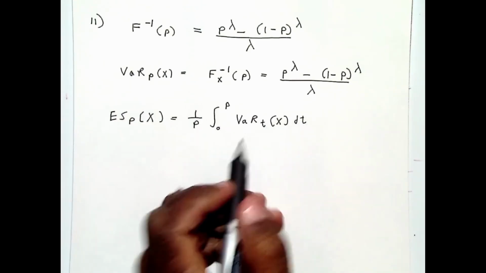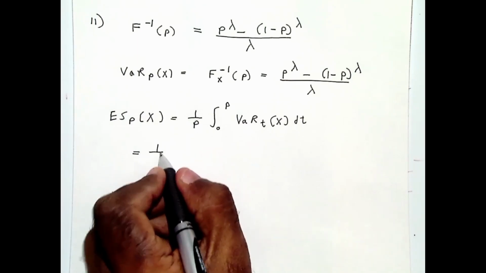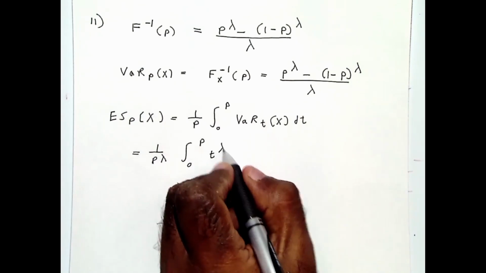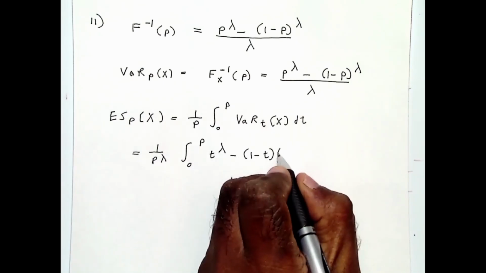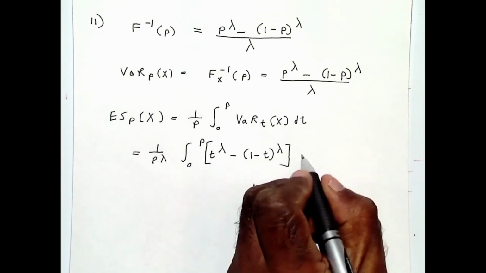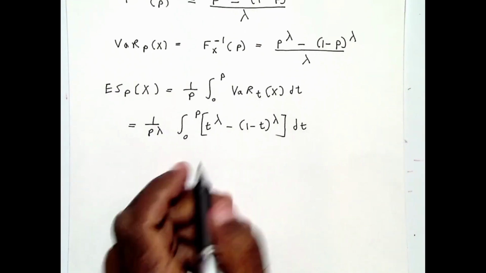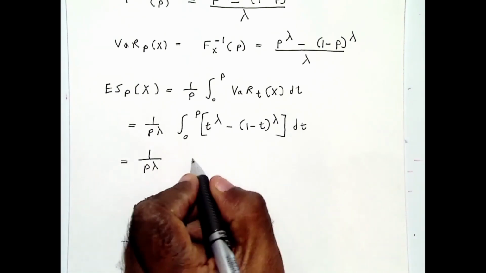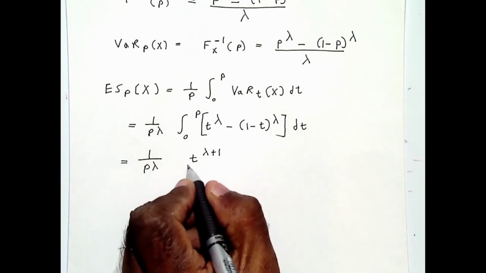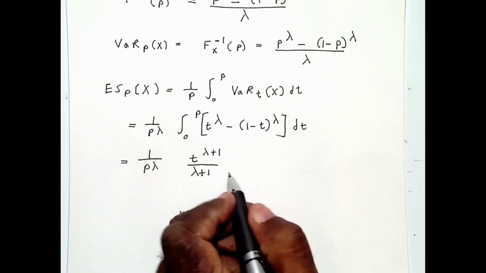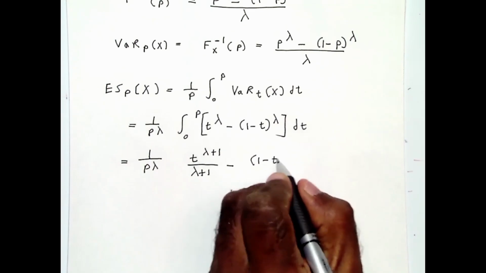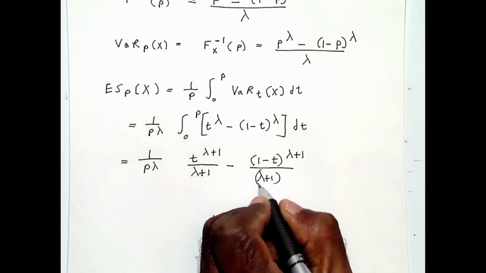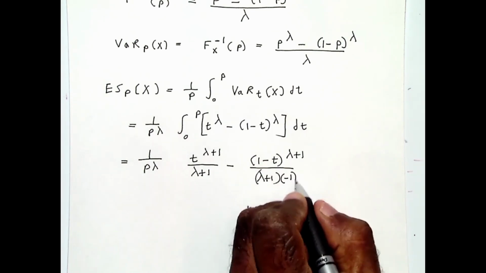Subbing this over here, you get 1 over p lambda times the integral. The integral is not difficult, so you get t power lambda plus 1 divided by lambda plus 1 minus (1 minus t) power lambda plus 1 divided by lambda plus 1 times minus 1.